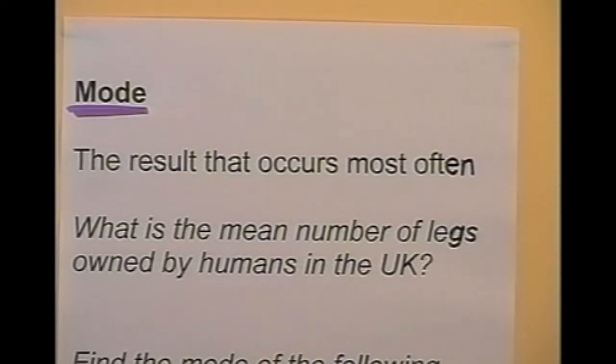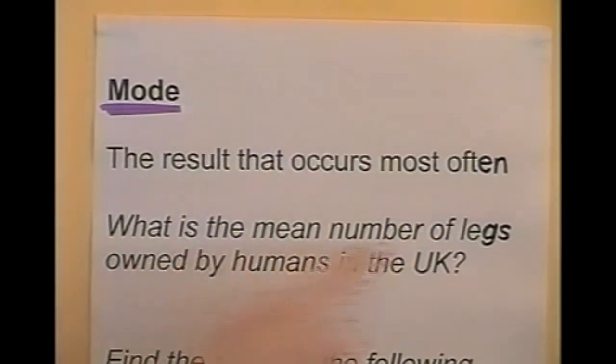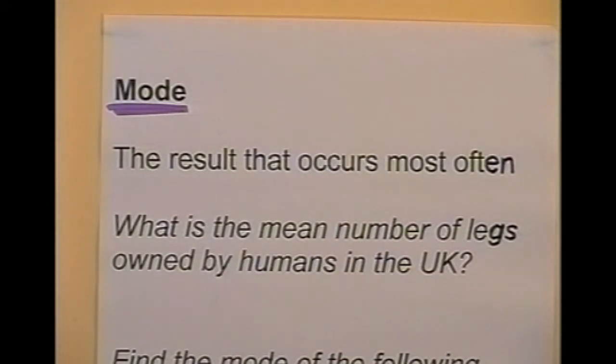So what is the mean number of legs owned by humans in the UK? Well, a few people have only got one leg, and I suppose a few very unfortunate people haven't got any at all. But most people have two. But the very fact that there's a few who have got less than two means that the mean is going to be reduced.